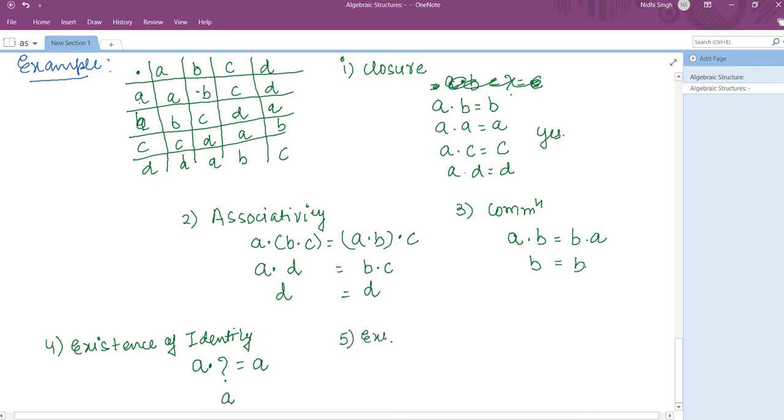And existence of inverse. So we have to perform the binary operation with some value in such a way that you will get the identity value. Do such elements exist in this table or not? Yes, they exist.